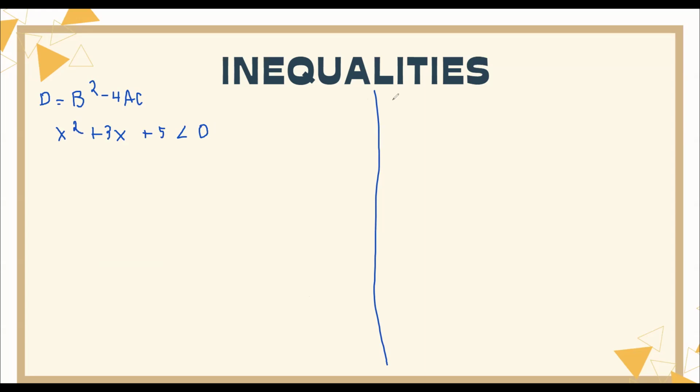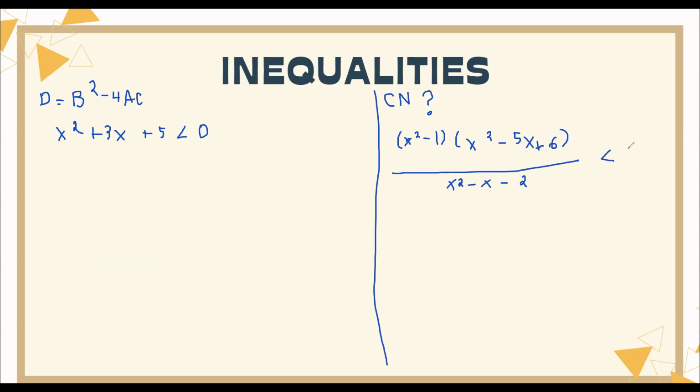And then for the second question, we'll do a rational inequality. This one is a bit challenging. Solve for the critical numbers of (x squared minus 1) times (x squared minus 5x plus 6) over (x squared minus x minus 2) is less than 0.